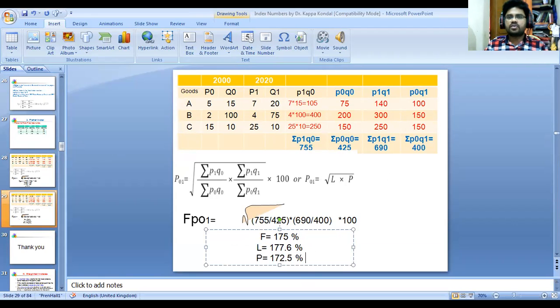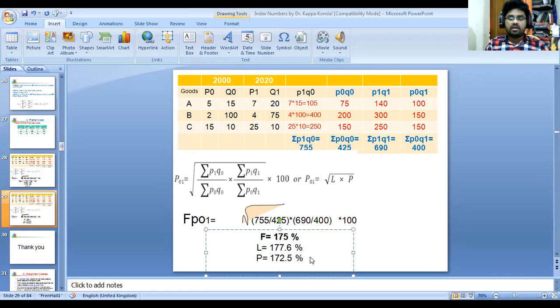When you observe these three values, the Fisher index value is an ideal index number because it satisfies the TRT and FRT. At the same time, the Fisher index value will give you the value which is between the Laspeyres and Paasche. So simple. Sometimes they will ask the question.